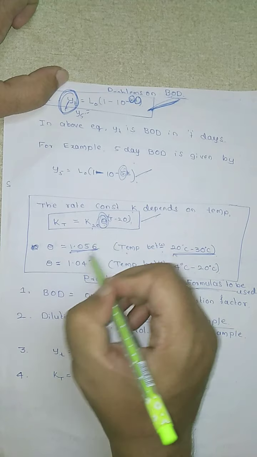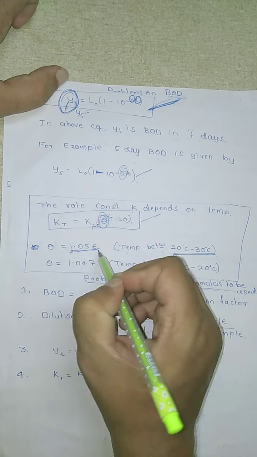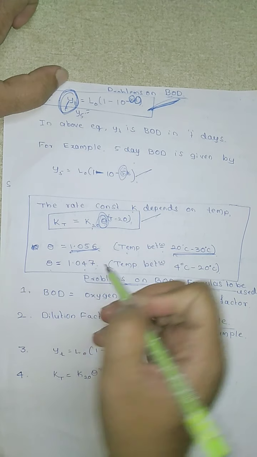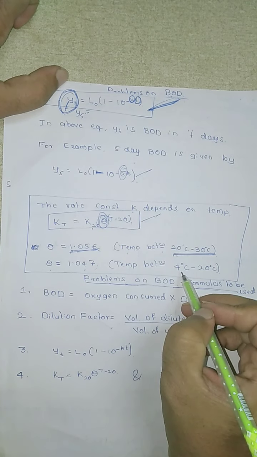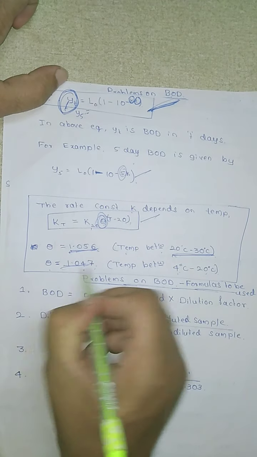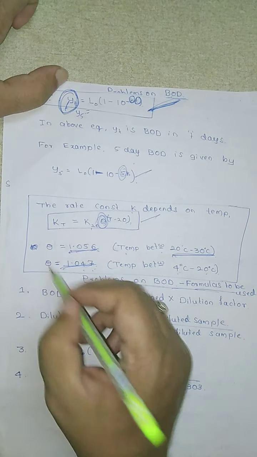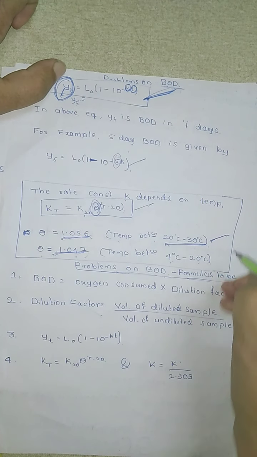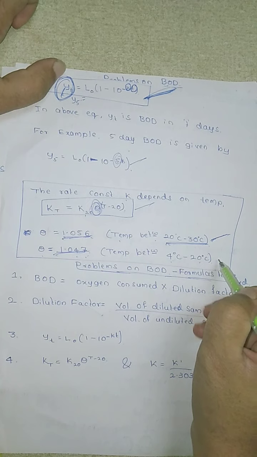I repeat, if the temperature varies between 20 to 30 degrees Celsius, the theta value is 1.056. Then the theta value will be equal to 1.047 if the temperature varies between 4 degrees Celsius and 20 degrees Celsius. We need to remember these two values. Normally in problems you will be given these, but you should still remember them.